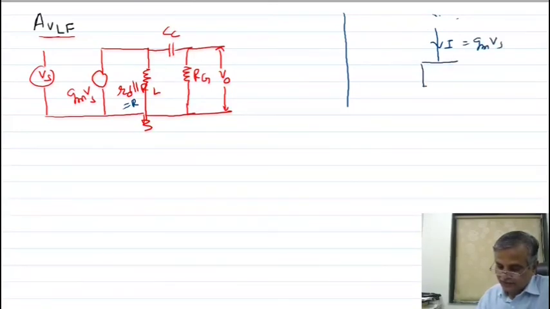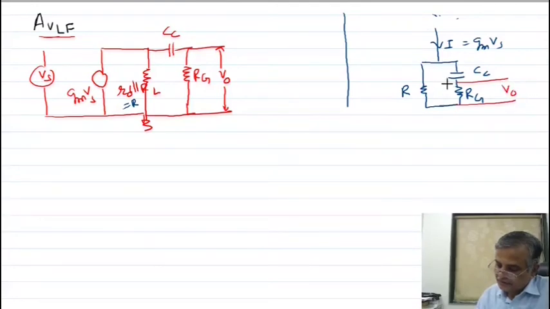It is bifurcated into two branches. This is your RO dash, this is your CC and RG. From this you are taking the output voltage. Let me say the current is I1. So it is the I1 current I am showing you.